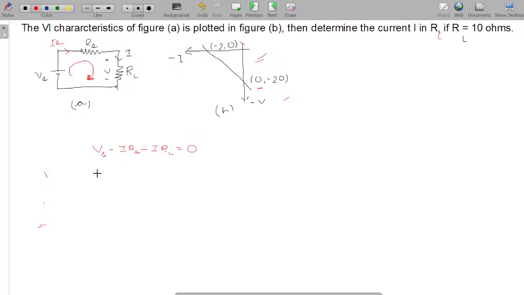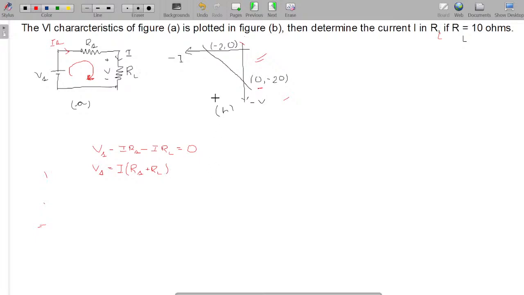So can we also write Vs equals I times (Rs plus RL), right?